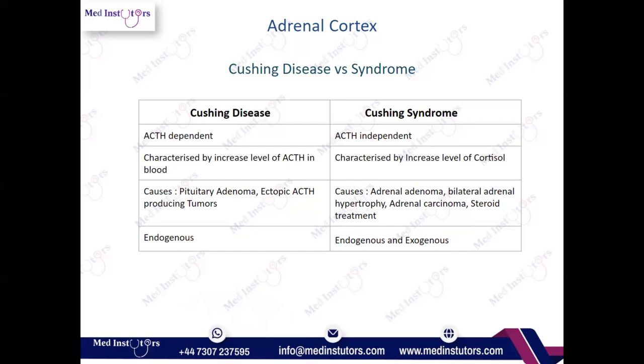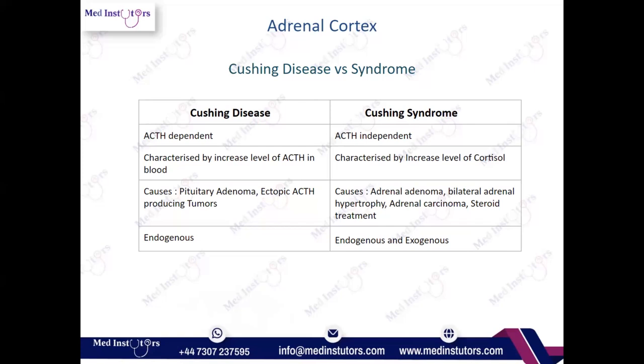Okay, what is the most common cause of Cushing disease? Okay, this is a point I want to make clear. Yes, pituitary adenoma is the correct answer, because an endogenous cause is always the answer if in the question they ask about Cushing disease.